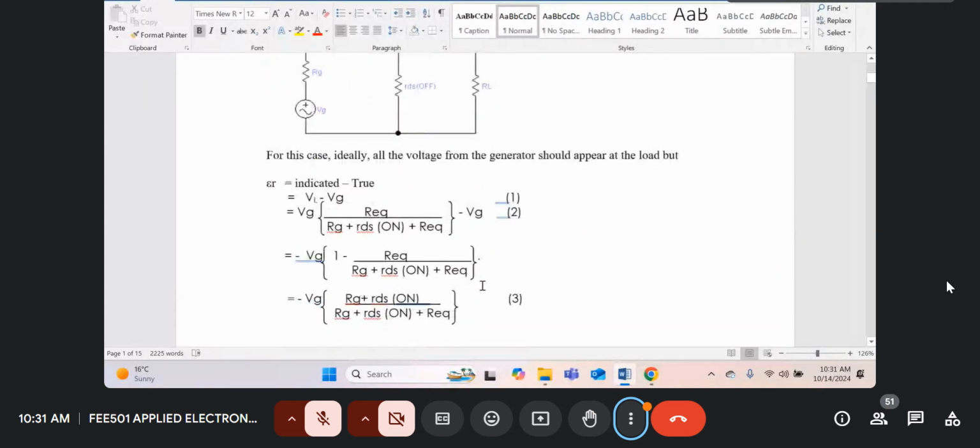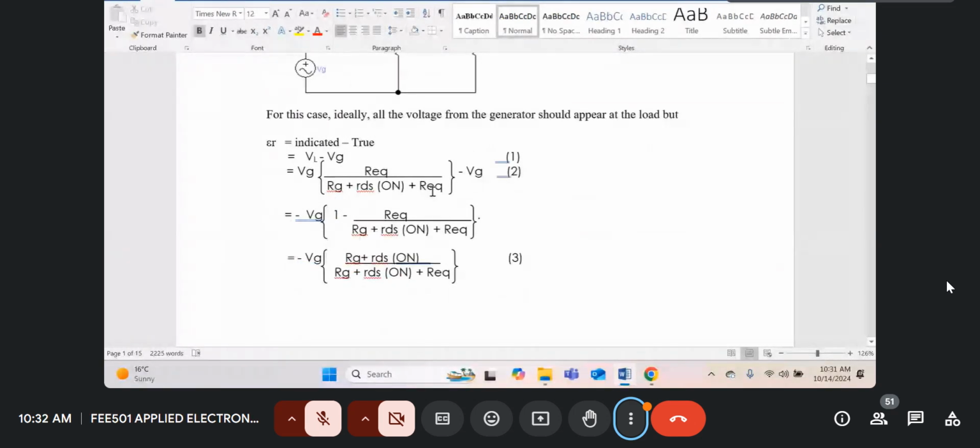So we'll just simplify equation 2. First I'll take VG common in equation 2 and take it outside the bracket. Actually, I've taken minus VG as common. So if I take minus VG outside, then I'll get 1 minus R equivalent all over RG plus RDS on plus R equivalent.